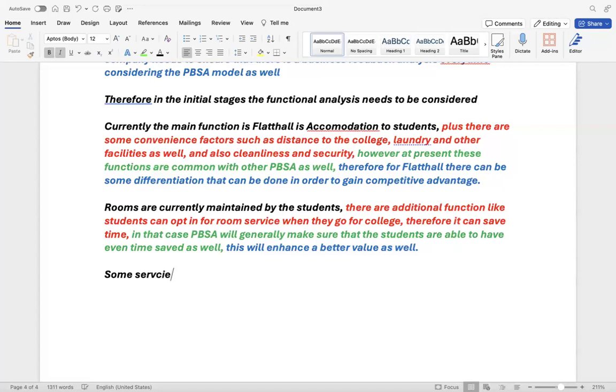Some services like shared washrooms can be updated to attached bathrooms as well.